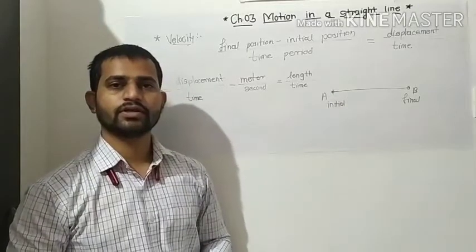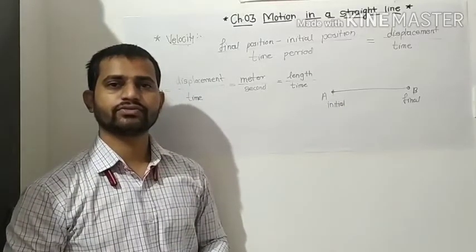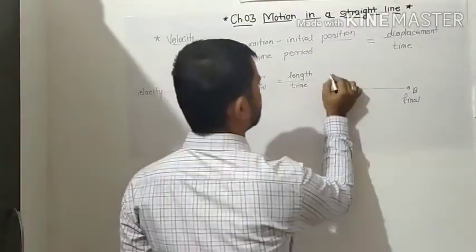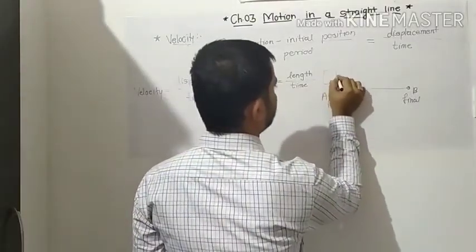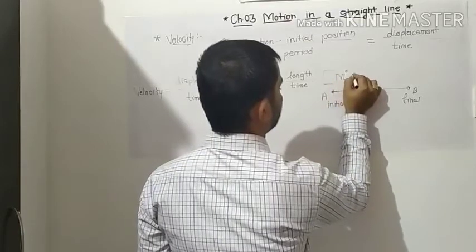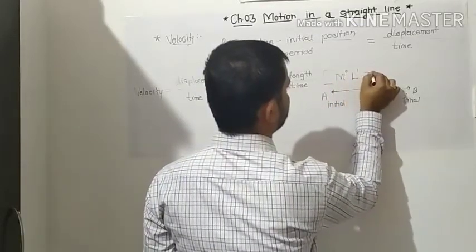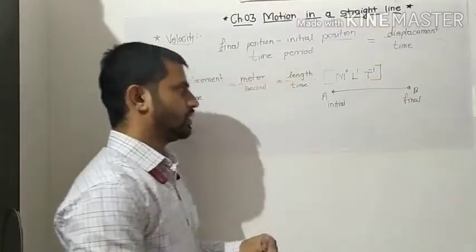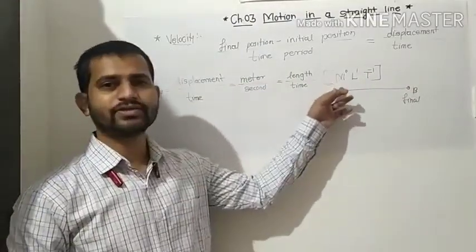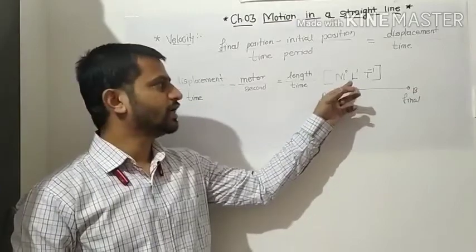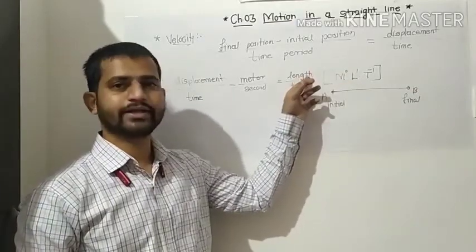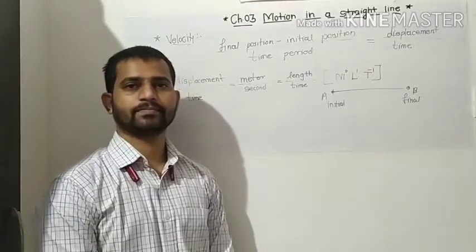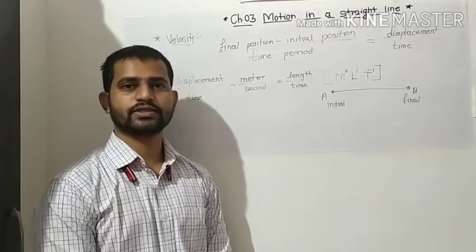In terms of m raised to 0, l raised to 1, t raised to minus 1: m raised to 0 because there is no consideration of the mass, l raised to 1 because we have the length, then t raised to minus 1, that is the time.